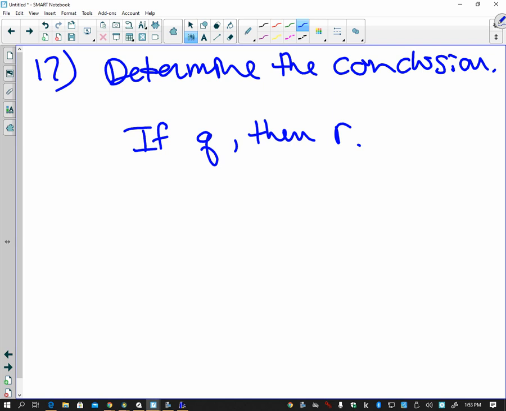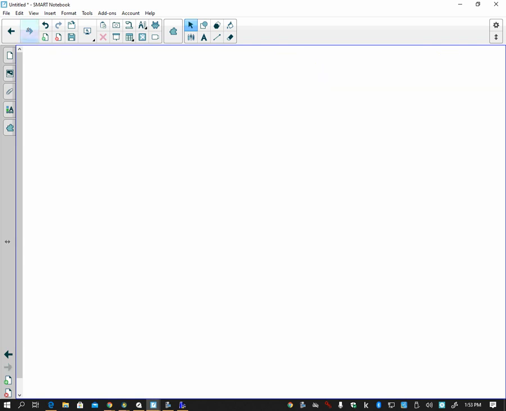Then R. Just R. What's the hypothesis? Q. So what is the word then? It just begins the conclusion, so I know where the conclusion begins. Not necessarily filler. Trick word.